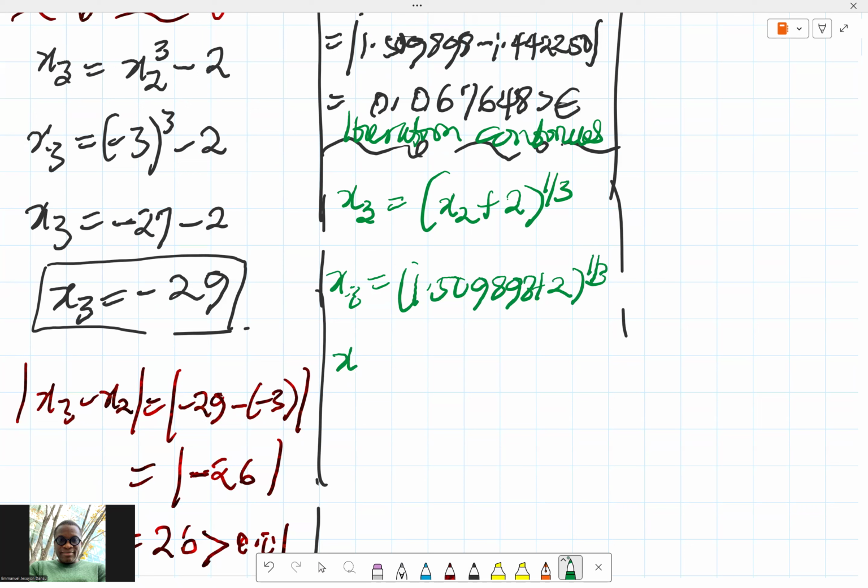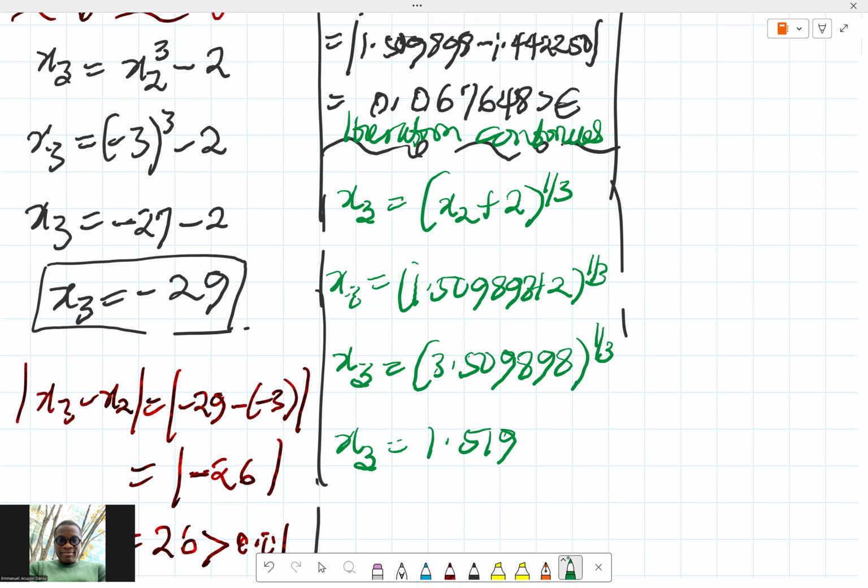That means x3 is equal to 3.509898 raised to power 1 over 3. So x3 is equal to 1.519724. So that is x3 right there.